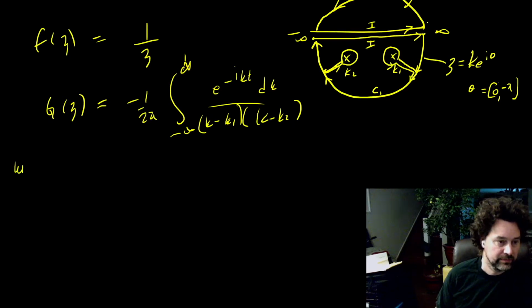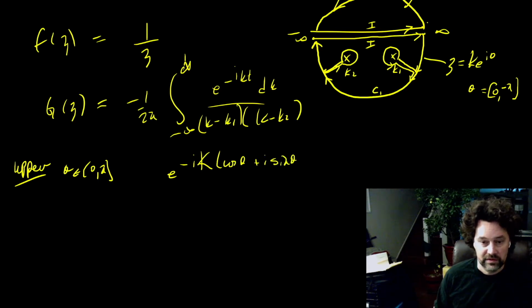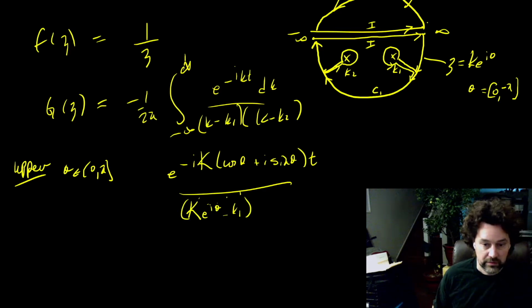So in the upper half plane, where theta is going from 0 to pi, we have e to the minus i K e to the i theta, which is cos theta plus i sine theta, times t, all over k minus k1 times k minus k2, which is big K e to the i theta minus k1 times big K e to the i theta minus k2.